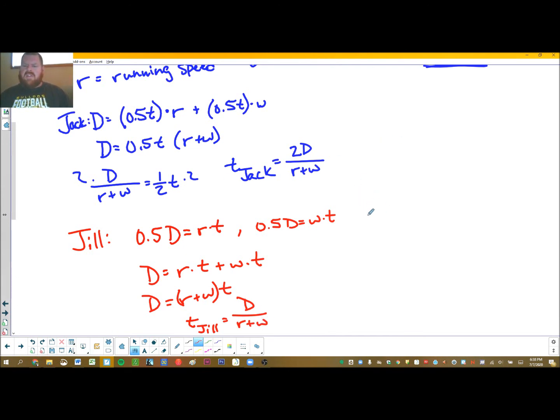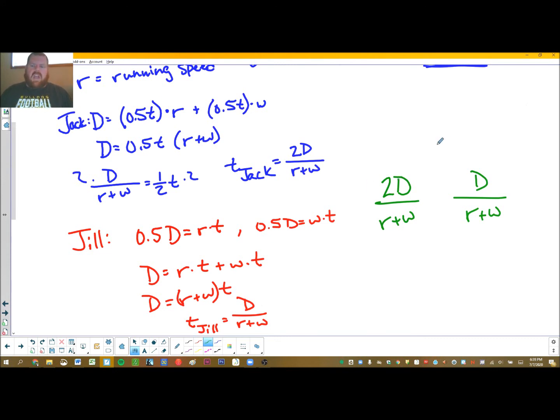But we have to decide which one of these is bigger. Or I guess what we really want is the smaller, because these are times. The winner is going to be the one with the smaller time. With all these three variables in each one of these equations being the same, which one of these is smaller?